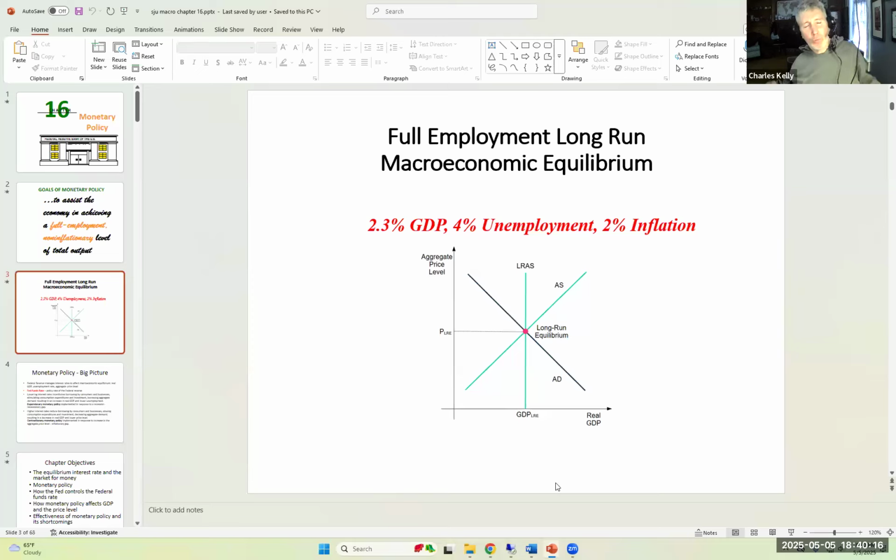On the horizontal axis, we'll simultaneously measure our other two important macro variables, real GDP and unemployment. As we move left to right along our horizontal axis, GDP is increasing and unemployment is coming down, right?